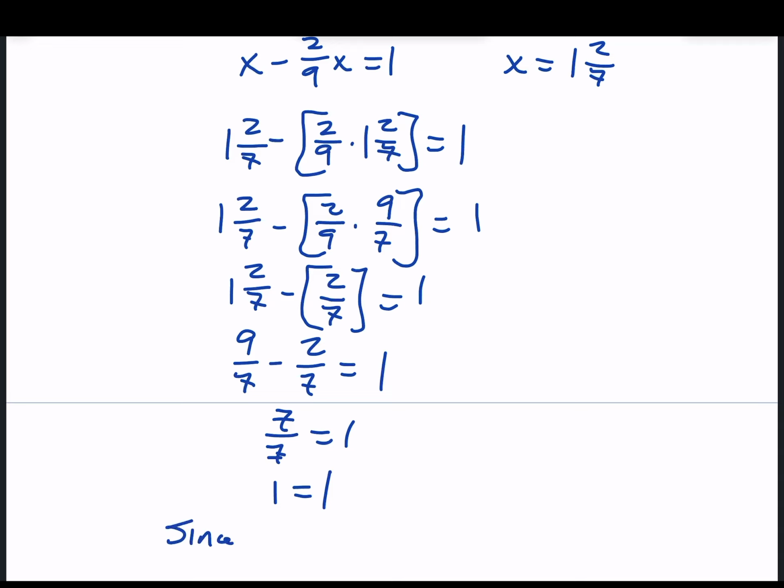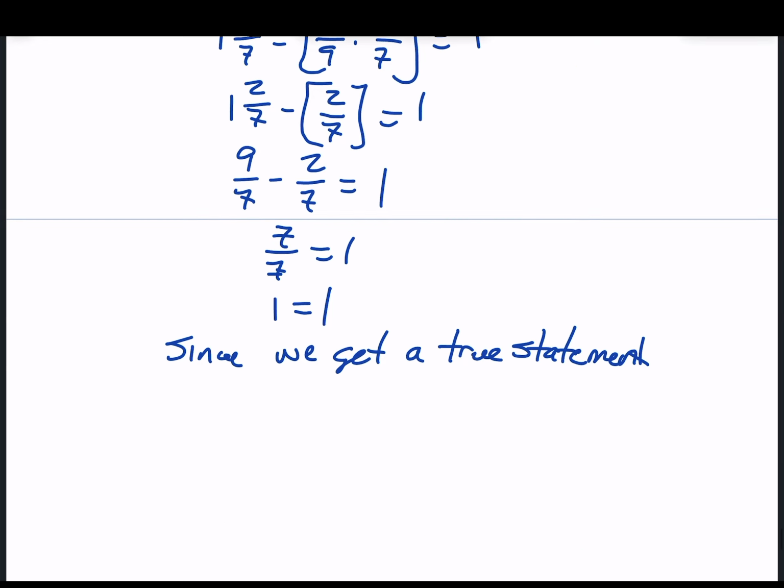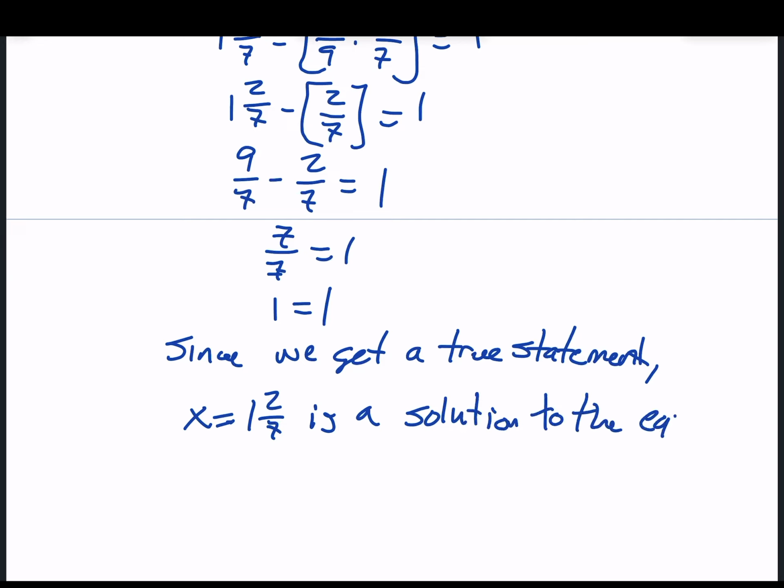So since we get a true statement, we find that x equal to 1 2/7 is a solution to the equation x minus 2/9 x equals 1.